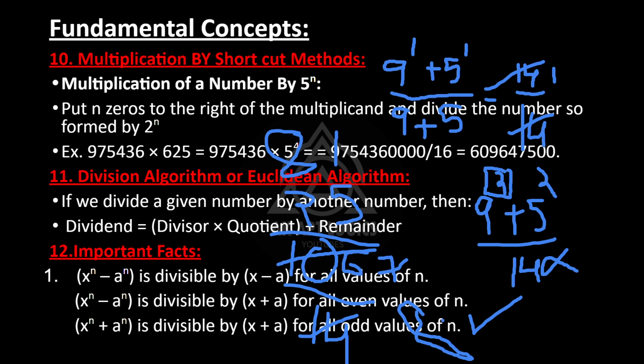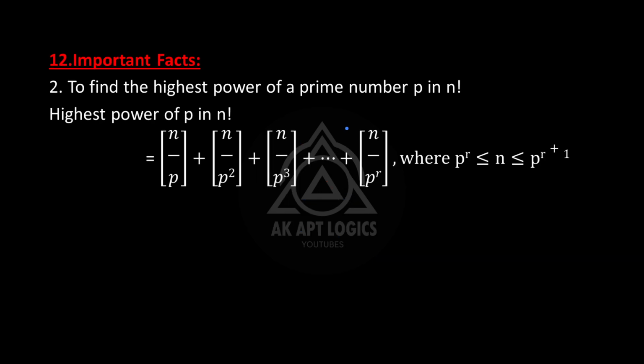So this condition is only true for odd cases. The earlier condition is only true for even cases, whereas the condition above this is true for all n values.